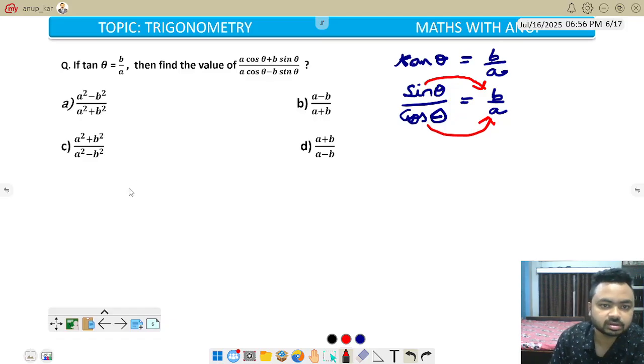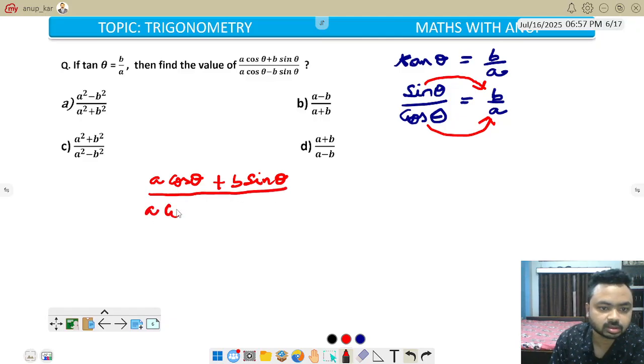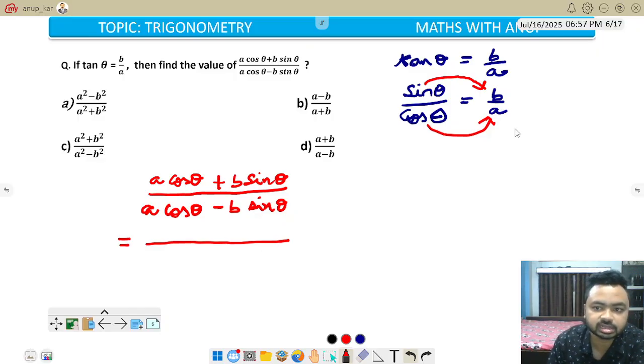First of all, from this question we have been given that (a cos theta plus b sin theta) upon (a cos theta minus b sin theta). Here we can do it like that. In place of cos theta we will be writing a, so a into a plus b into, in place of sin theta, we will be writing b.